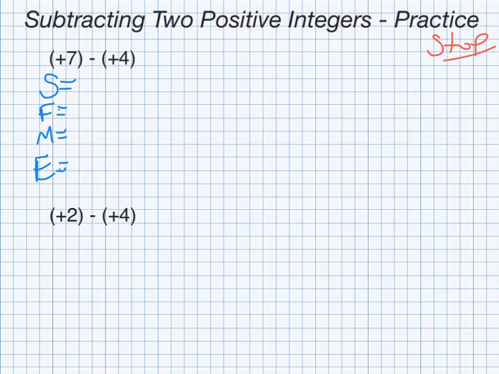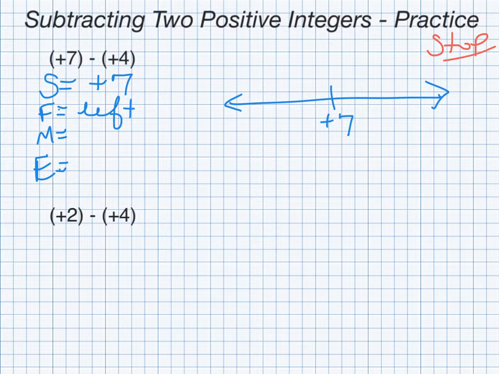So for this particular problem, we are going to start on positive 7. Which way will we be facing? Well, we are going to be subtracting this entire video, so we will be facing to the left. But don't get into thinking that you always face to the left. Remember, we're facing left because we're subtracting.